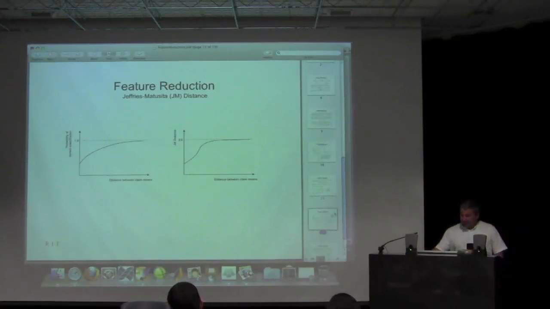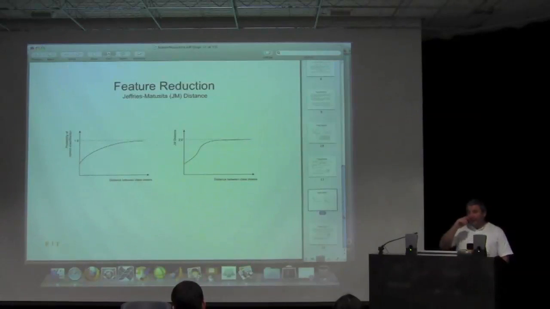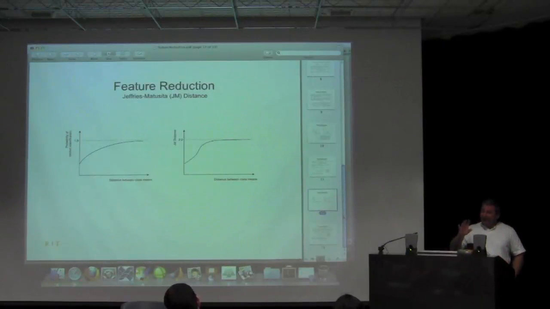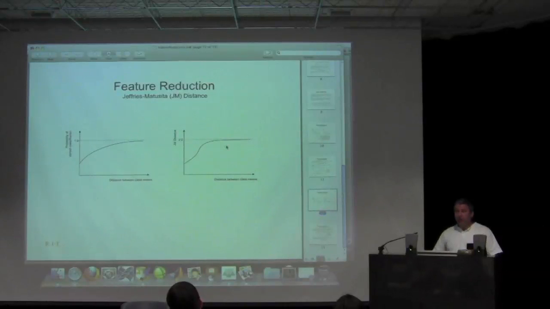All right, so JM distance works out great. Now think about what you could do with this. Let's say you're choosing your ROIs, just like you've hopefully done in the lab at this point. And you want to say, hey, are my ROIs chosen well? Well, between two ROIs, or between all your ROIs, you can compute this divergence metric.